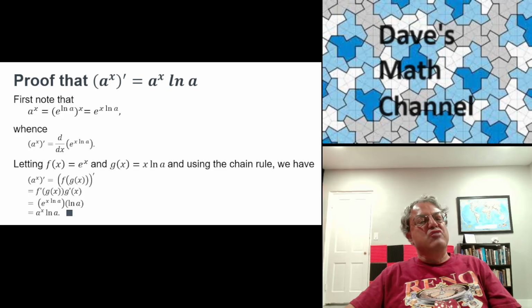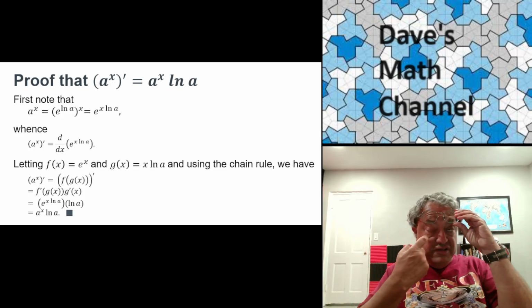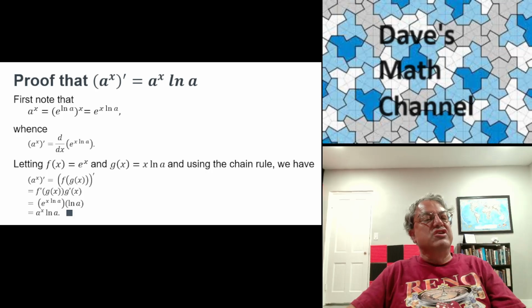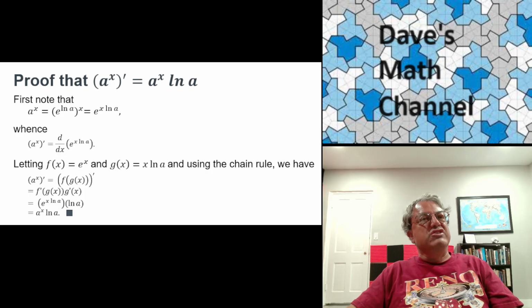Well, we can start by rewriting a to the x. We start with a. We know that a is equal to e to the log a. That's true for anything because the natural logarithm is the inverse of the exponential function. So the exponential is just undoing what natural log does.